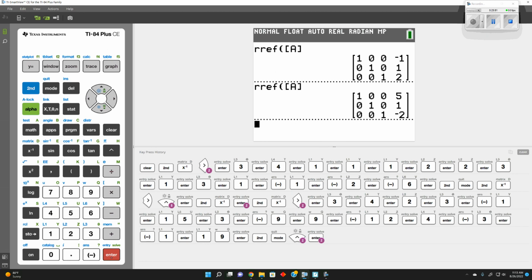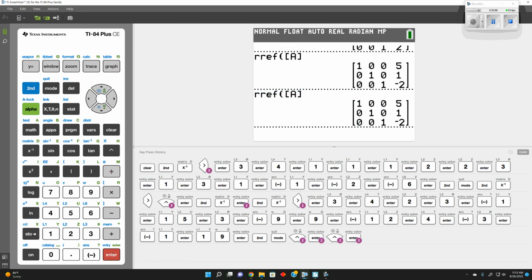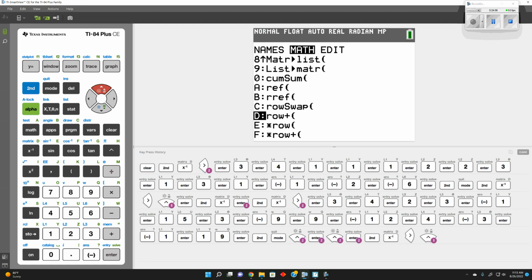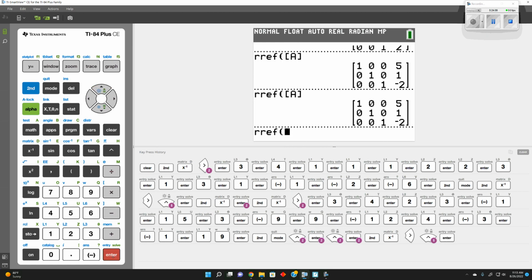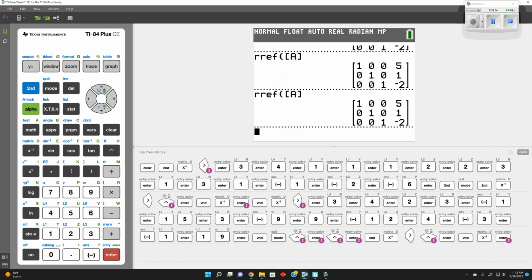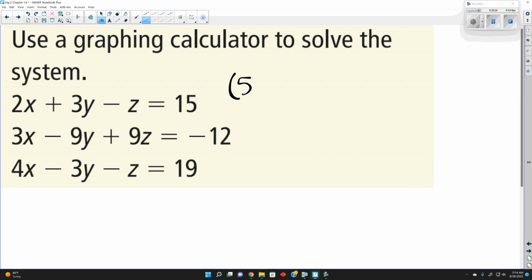So I scrolled up twice to reselect RREF A, enter. Now we can do the same thing: go second matrix, over to math, and do RREF, then second matrix A, hit enter, and it gives us the solution as 5, 1, -2. That's cool. So the solution for this here is 5, 1, -2.